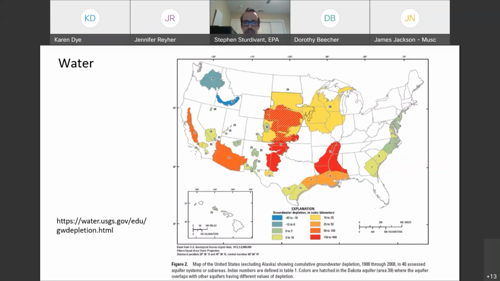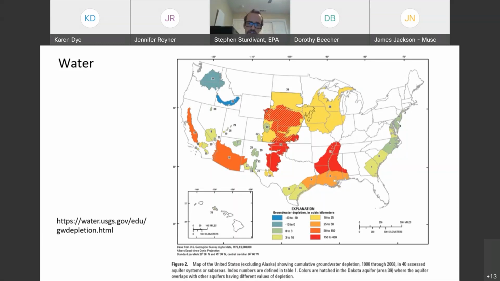And all of those shapes, with the exception of the northwest corner, all the rest of the shapes, other than the blue one, what they found is that the water level is being depleted faster than the rate of recharge, which means we're pulling water out of the ground so fast that these aquifers don't have a chance to recharge. And at this rate, they will run dry.